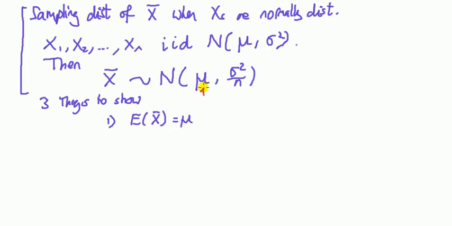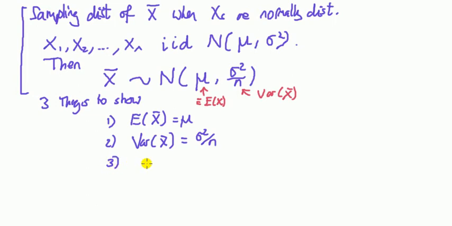Because this is just equivalent to saying the expected value of x in a distribution, and this is the same as saying the variance of x bar. So that's the second thing: that the variance of x bar is equal to sigma square over n. And finally, that the distribution of x bar is normal.